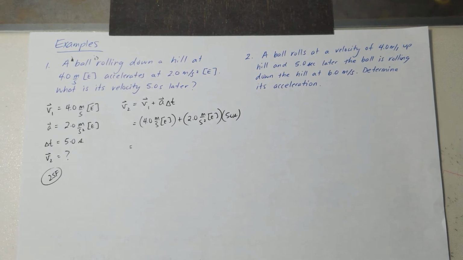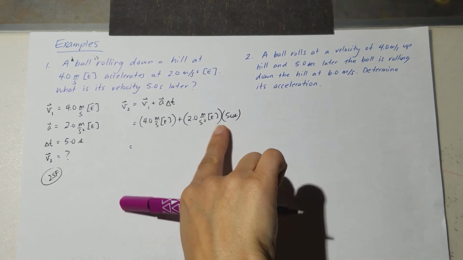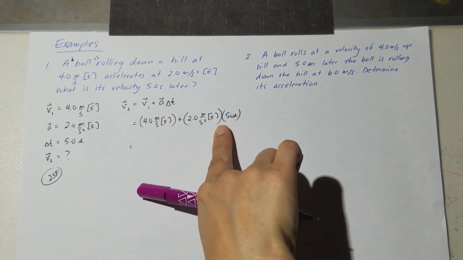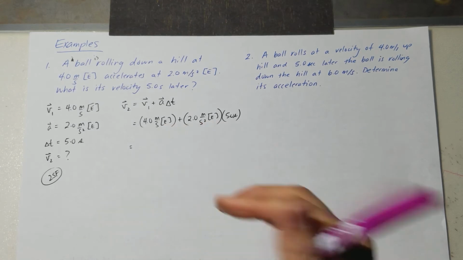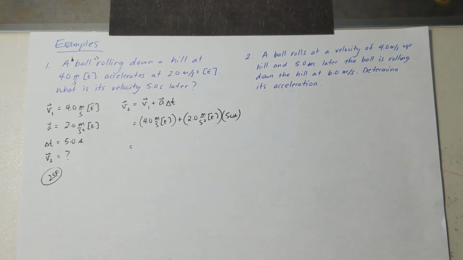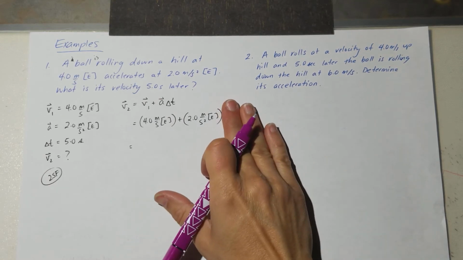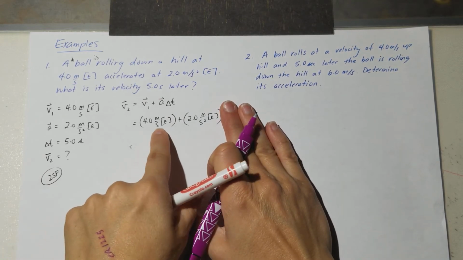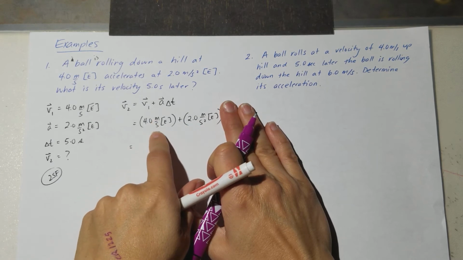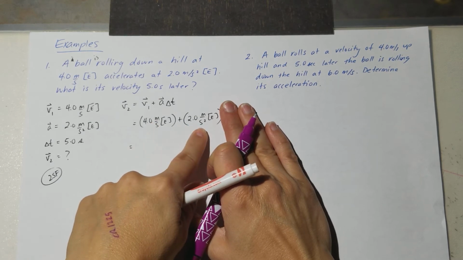Okay, and yes, I wrote in my units. Okay, yes, I wrote in my directions because direction is just like a unit. And yes, I want you to write in your units because let's say something silly like you forgot to write the time in. Okay, you should be able to look at your units and say, wait a second, I can't add meters per second and meters per second squared.